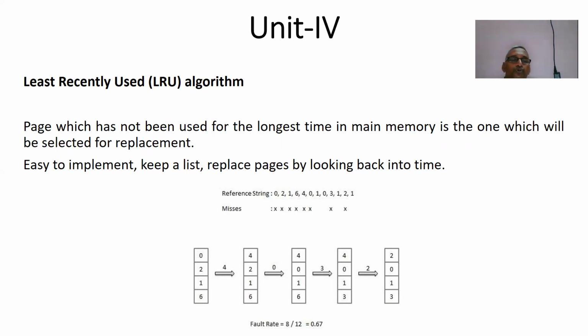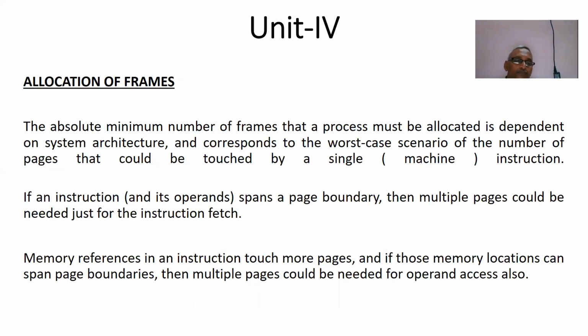Next, we will move to allocation of frames. The absolute minimum number of frames that a process must be allocated is dependent on system architecture, and corresponds to the worst case scenario of the number of pages that could be touched by a single instruction.